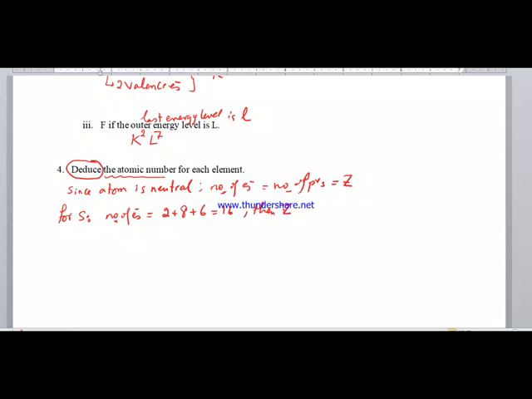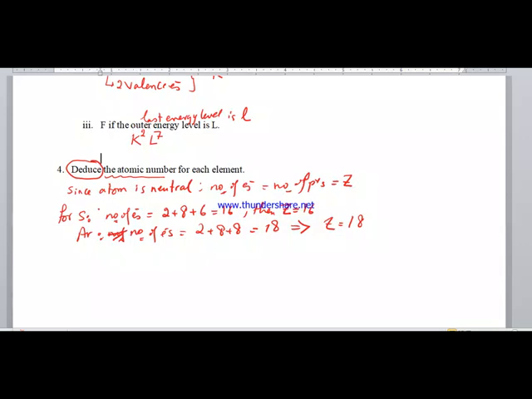Then Z is equal to 16. For argon, the number of electrons is equal to 2 plus 8 plus 8, equal to 18. So Z is equal to 18, the atomic number of argon.